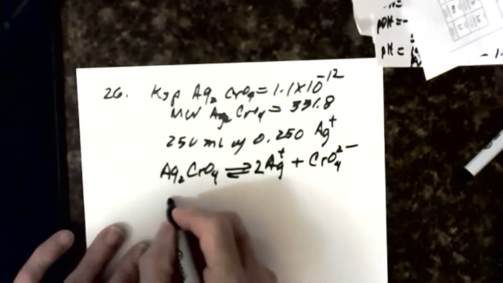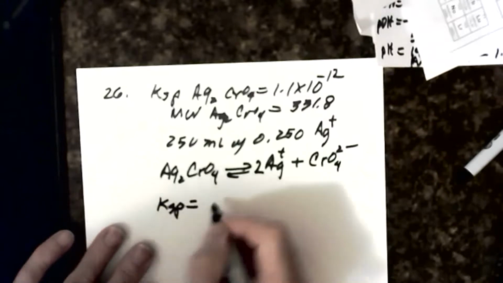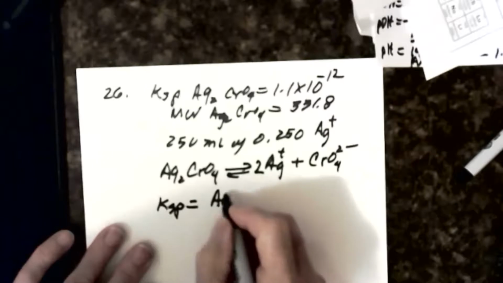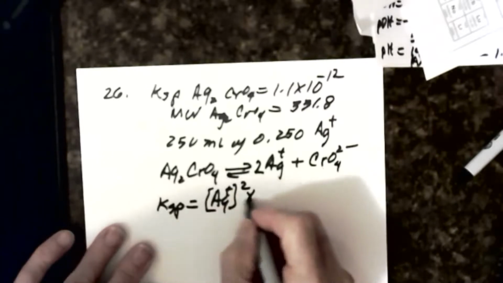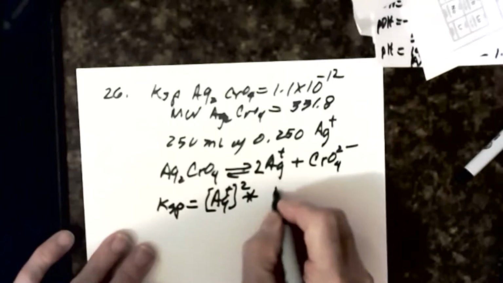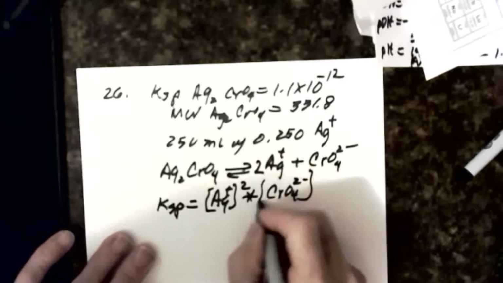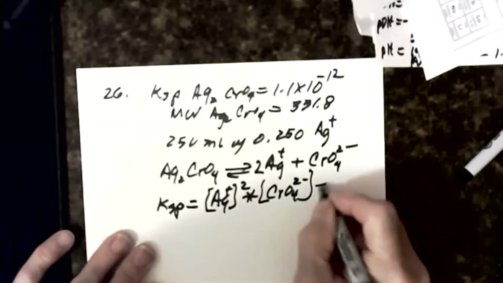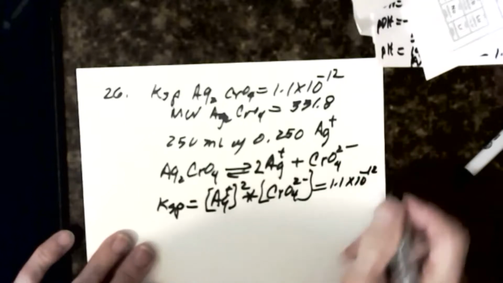The Ksp is going to be the silver ion concentration squared, times the chromate ion concentration, and we know this number. It's 1.1 times 10 negative 12.